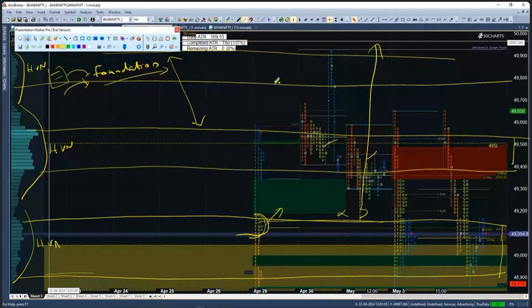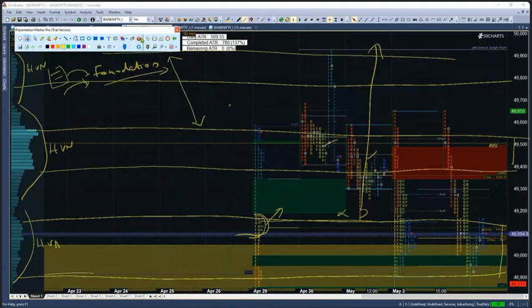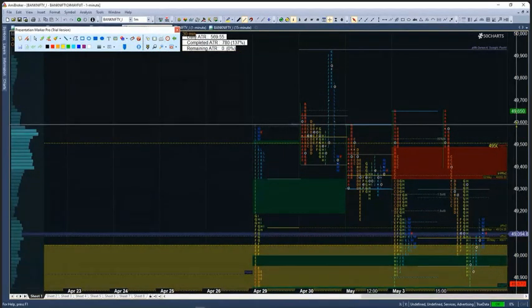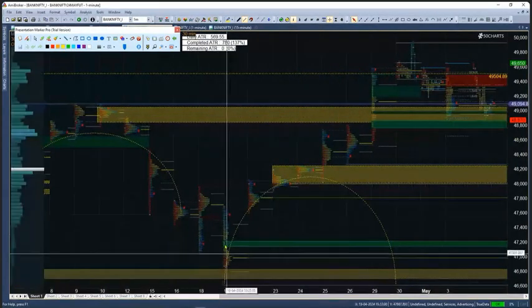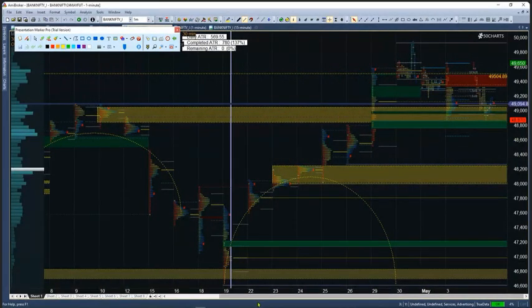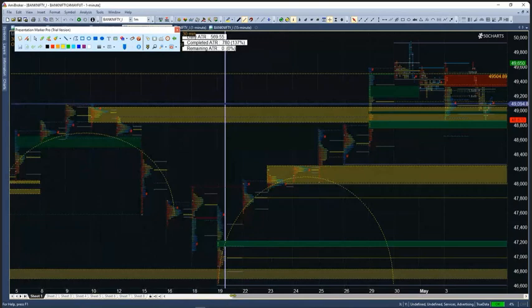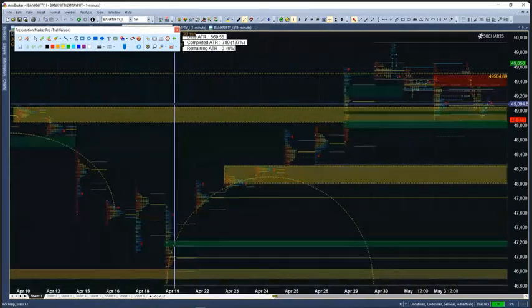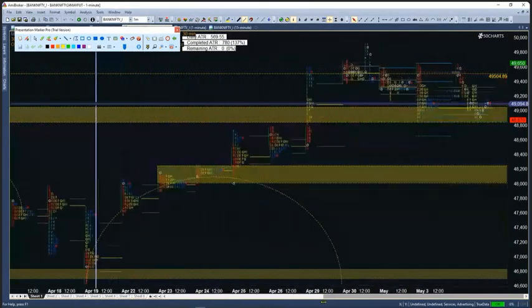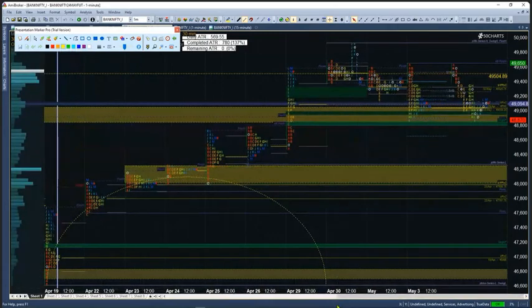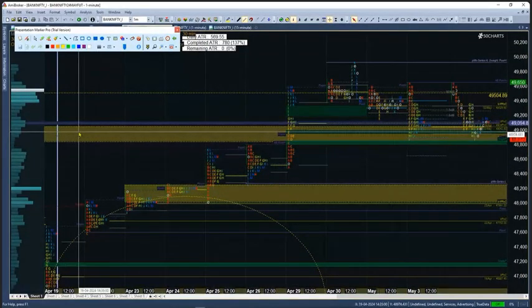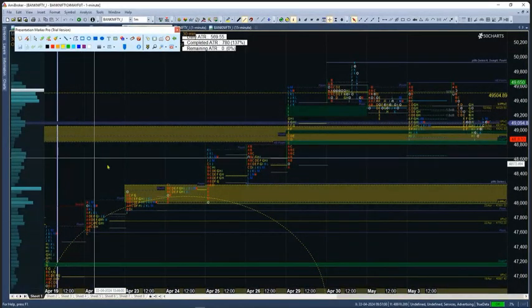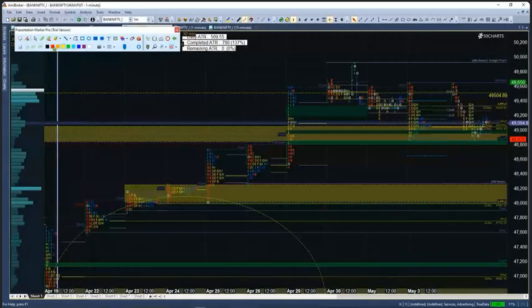For example, I change the view. This is the swing low, right? You can adjust your screen from swing low to high. So where the major volume happens, this is the area, right?